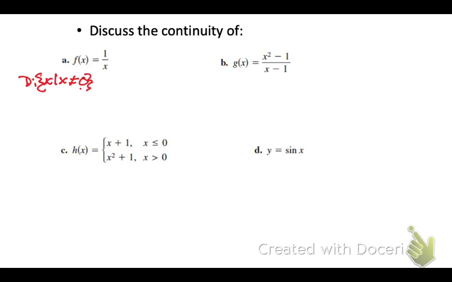It is a non-removable discontinuity, because it is an asymptote. So it is a non-removable discontinuity at x equals 0. So you need to be pretty descriptive.